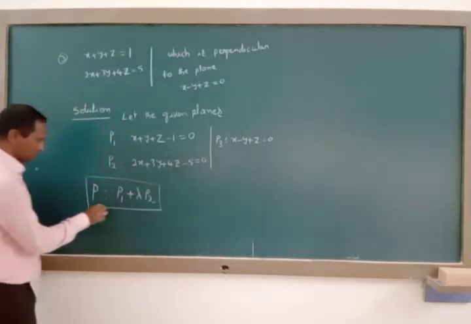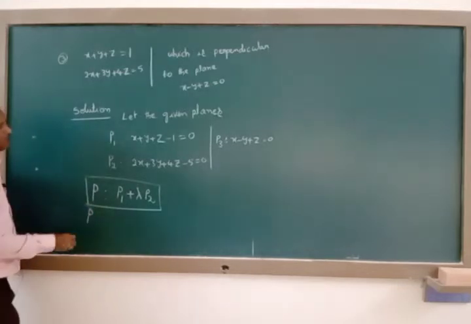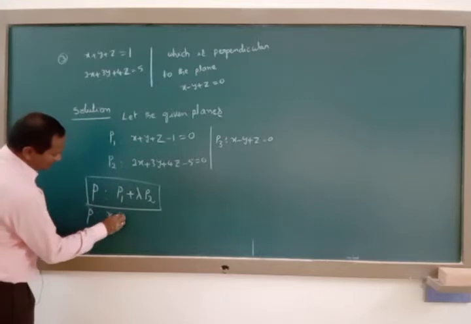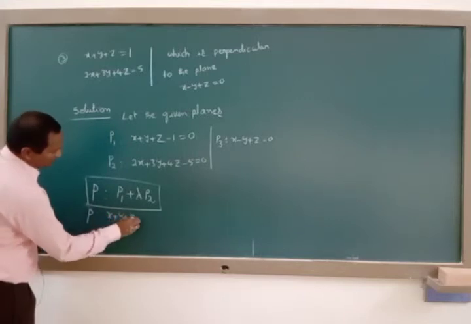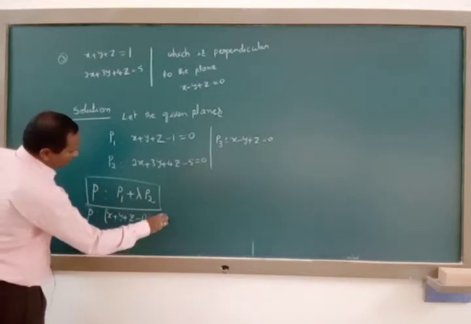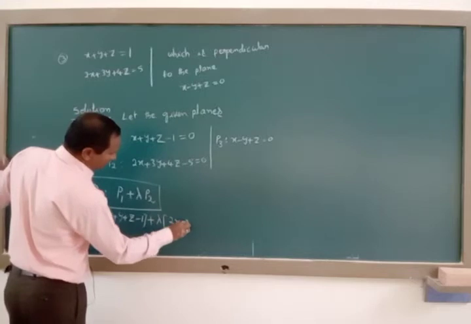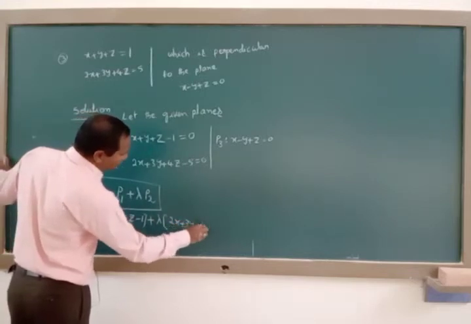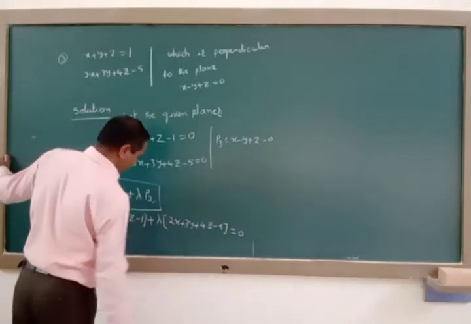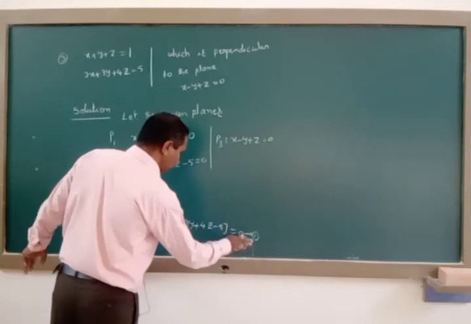That is, x plus y plus z minus 1 plus lambda into 2x plus 3y plus 4z minus 5 is equal to 0. It is equation number 1.